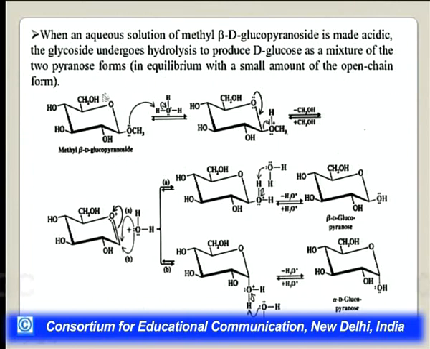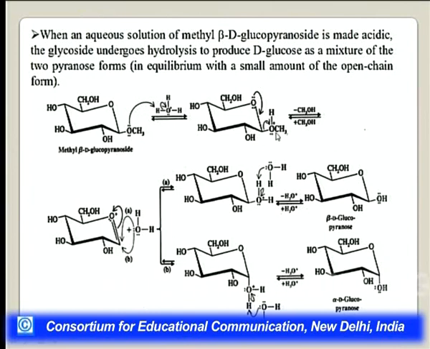Here you can see this is the structure of methyl beta-D-glucopyranoside, because a methyl group is there in place of H. With the presence of this protonated water molecule, what happens? You will get this kind of structure, because this proton gets attracted by the electron pair of oxygen.